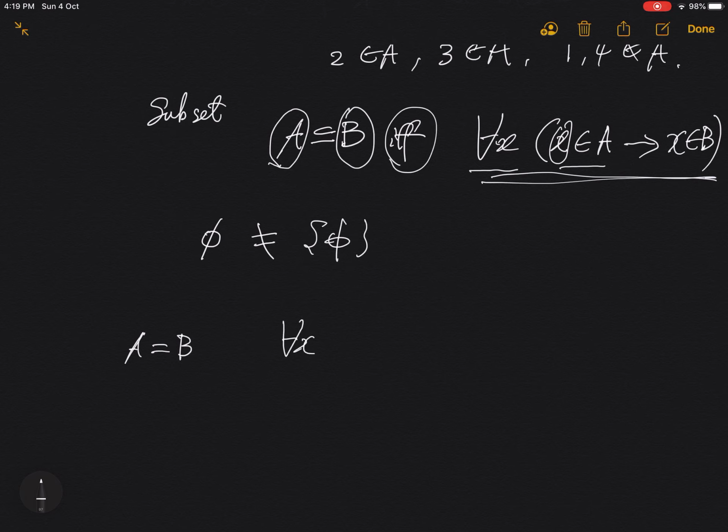For all X, if X belongs to A, then X belongs to B. And also, if any X belongs to B, then this X also belongs to A. So that's the two-direction equality.